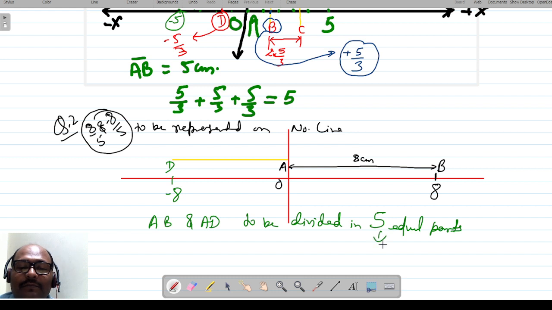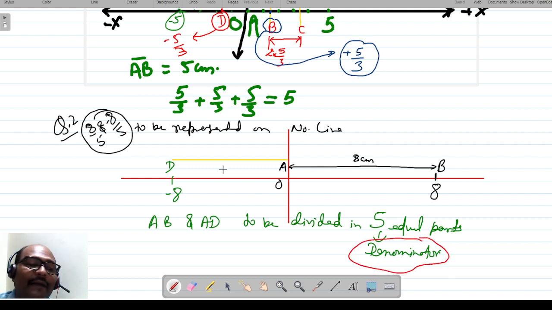Why 5 equal parts? Because 5 is the denominator, right? It's a divisor. So we need to divide 8 into 5 equal parts.